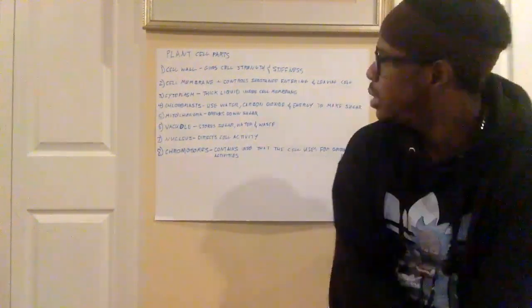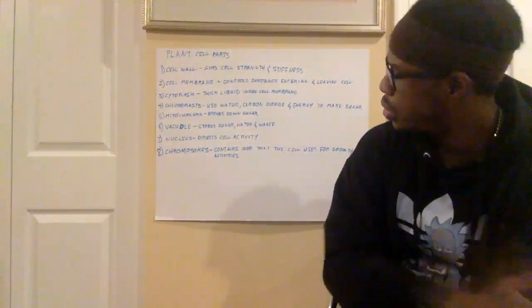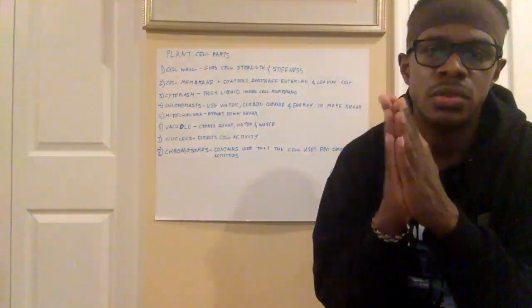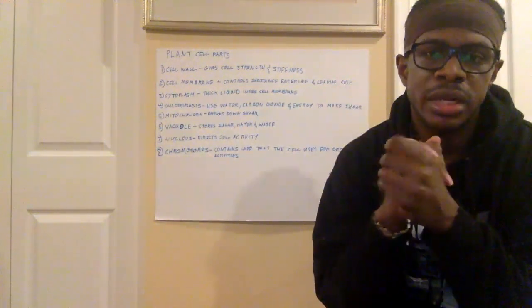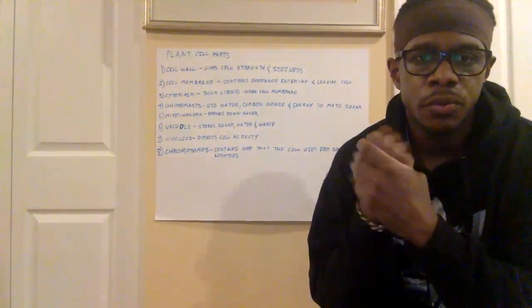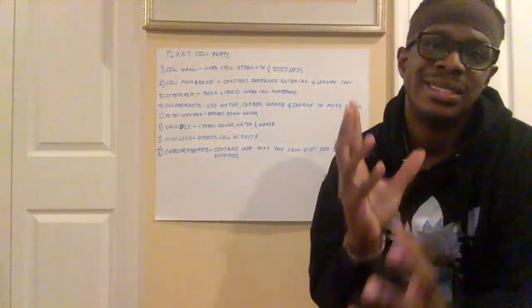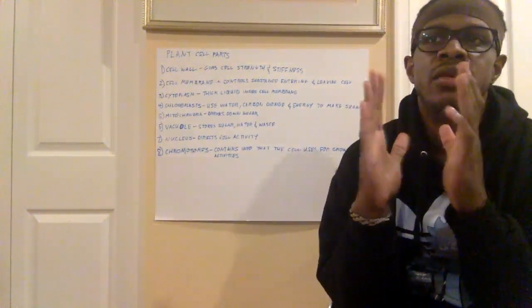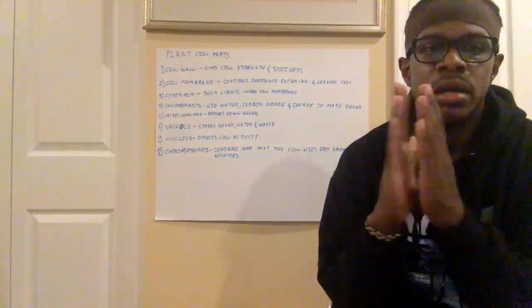And now the last one, chromosomes. They contain information that the cell uses for growth and activities. Now, the chromosome is inside of the nucleus, and basically this is like your bank of information.